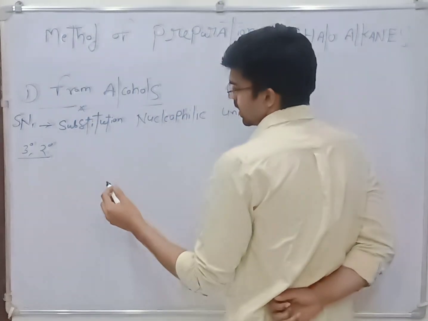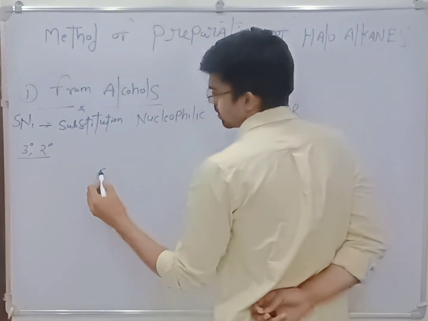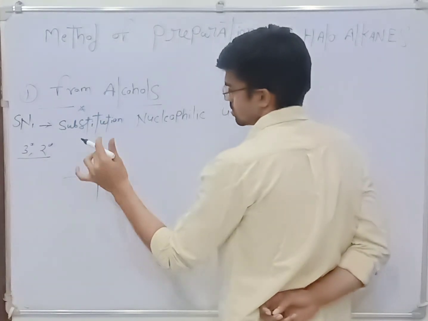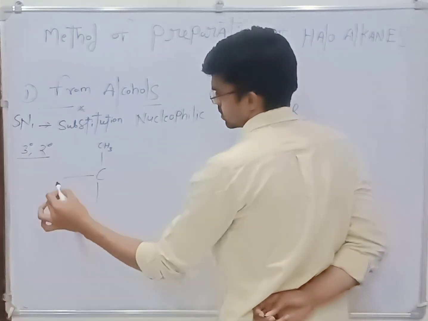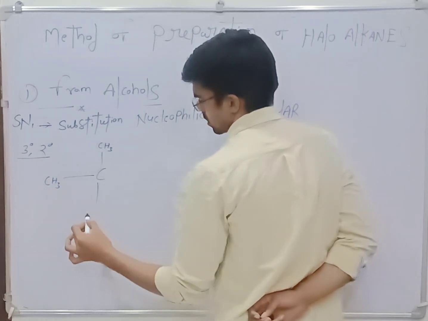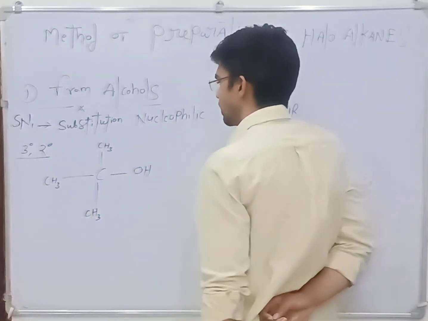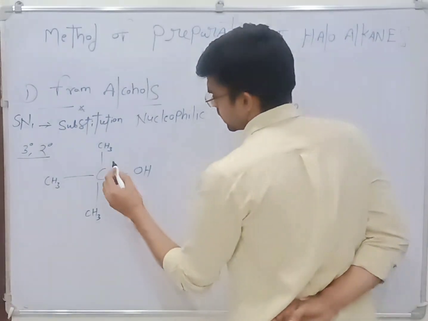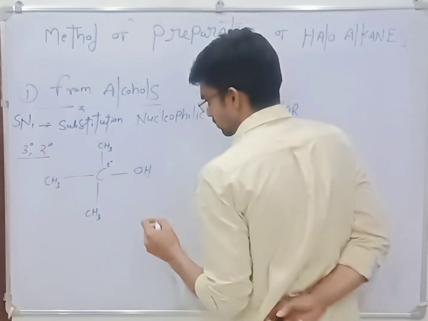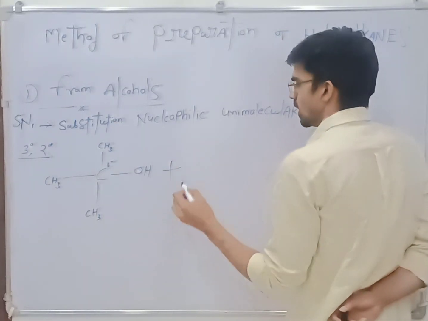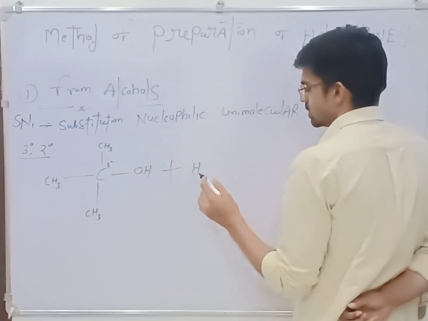Like if we have a 3-degree carbon with CH3, CH3, and CH3, here we have a 3-degree carbon compound, and now we are reacting this 3-degree carbon compound with halogen acid, that is HX.